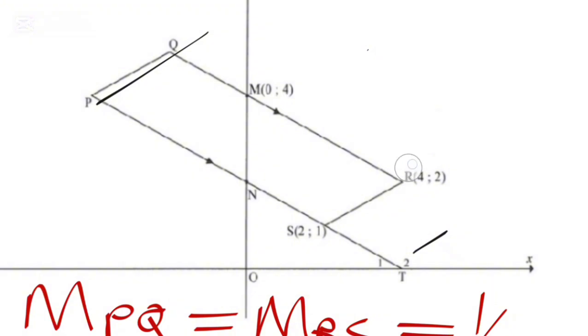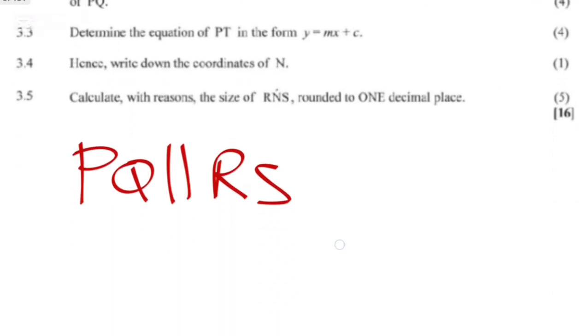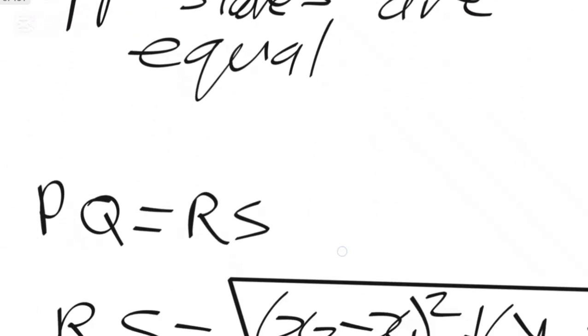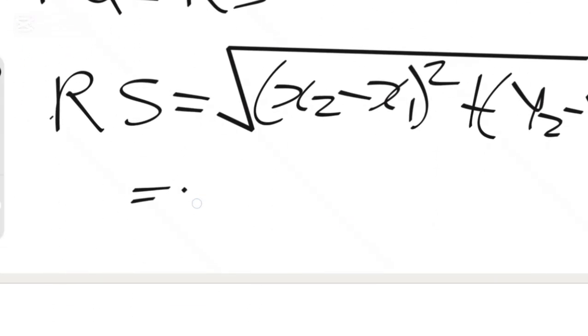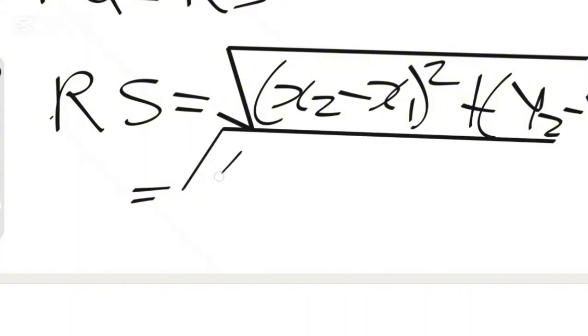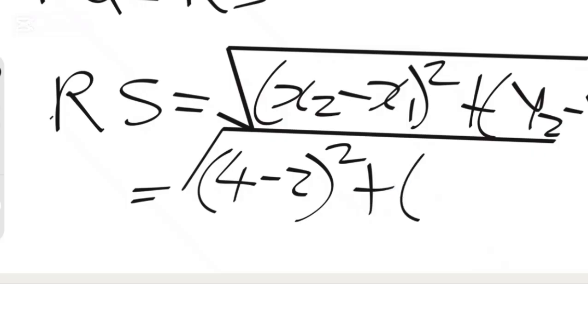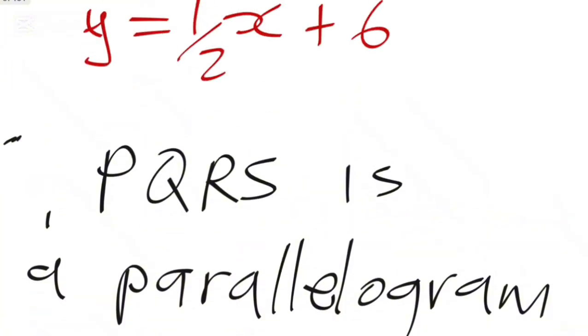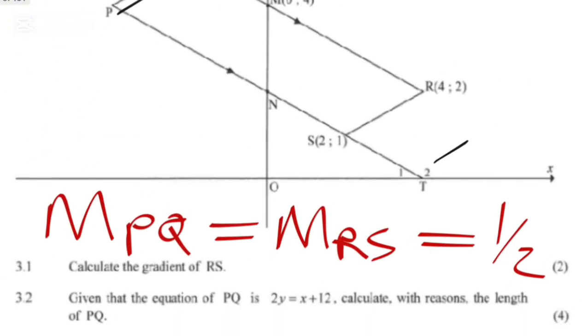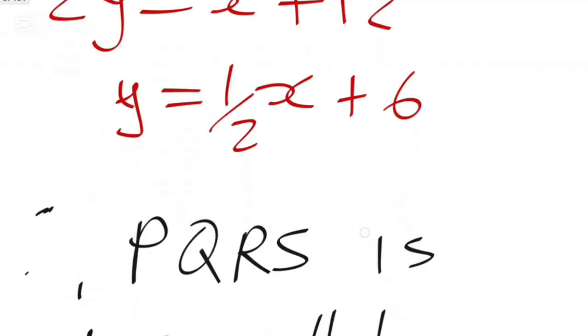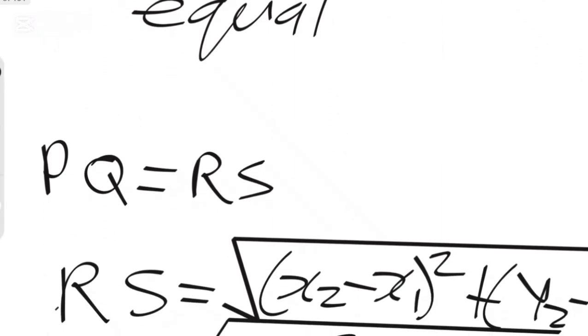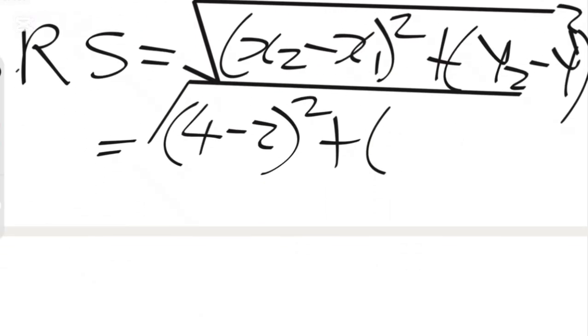So we're going to say 4 minus 2, whole squared, plus 2 minus 1, all squared.